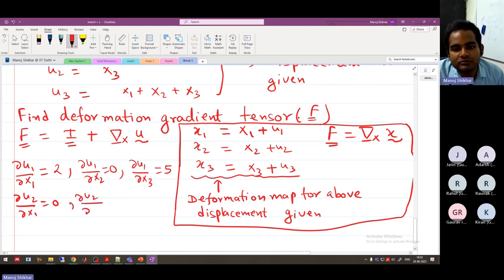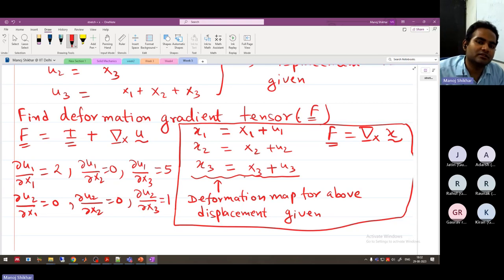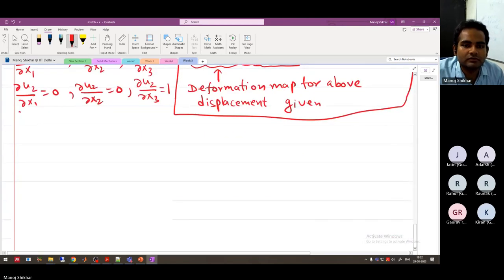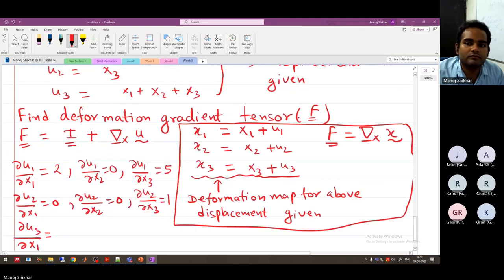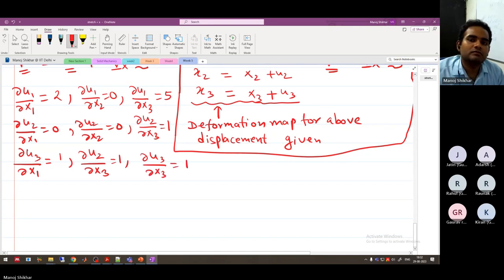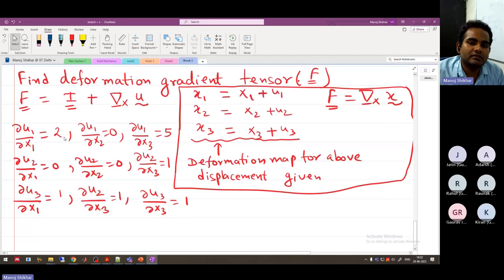Del u2 by del x2 is 0, because u2 is not dependent on x2 and x1. And del u2 by del x3 is 1.